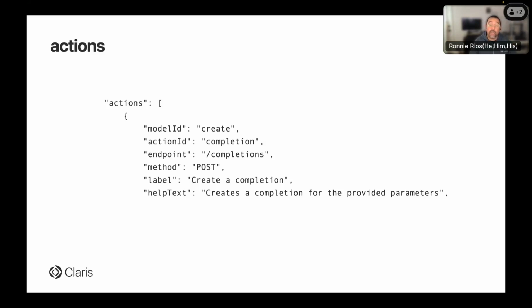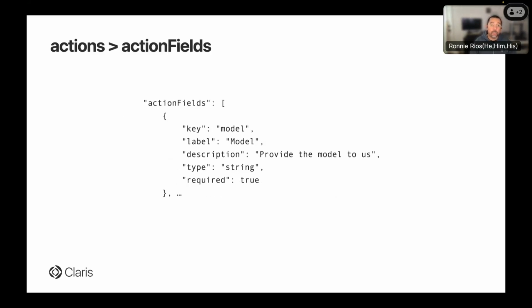Now, we do want some parameters for this action. We said we wanted 3 parameters. So let's see what that looks like. In here we declare the actions field, an attribute inside of the action. And for each one of the fields that we want, we said we wanted 3, this is an array, we have a little object inside there.